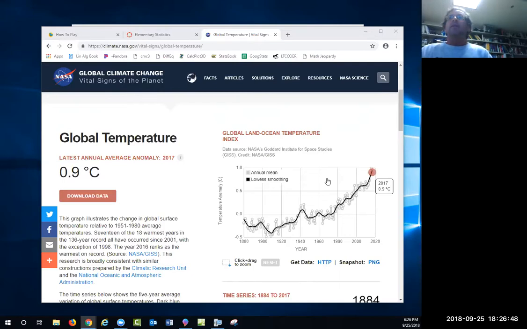Okay? So the first thing is how many different ways are there of choosing 3 years from 137? How do we figure that out? That's that calculator function, 137C3.